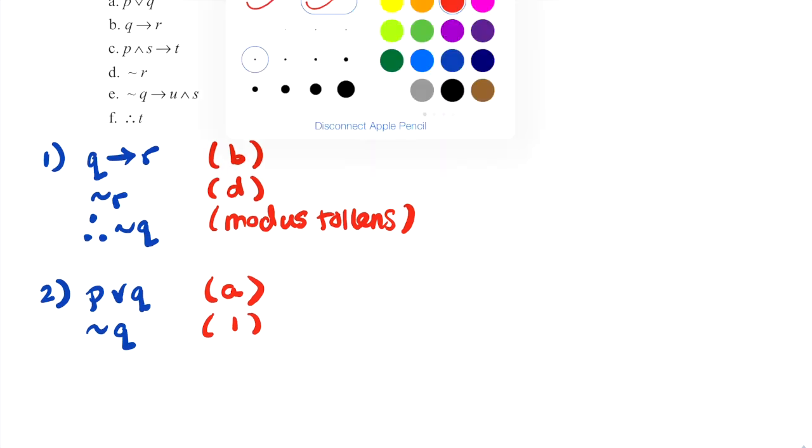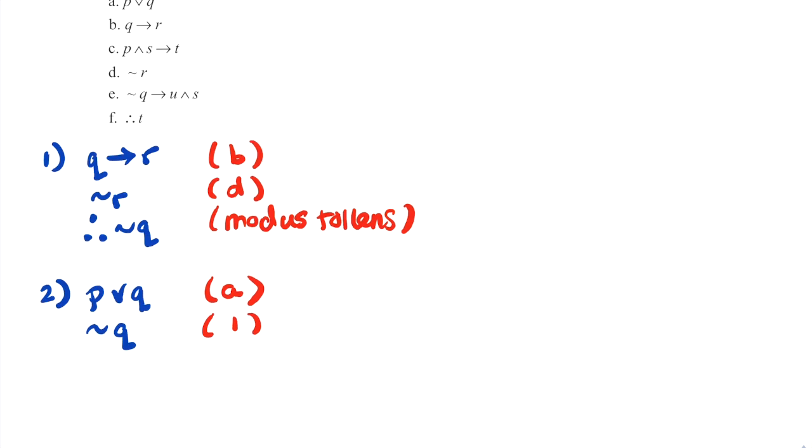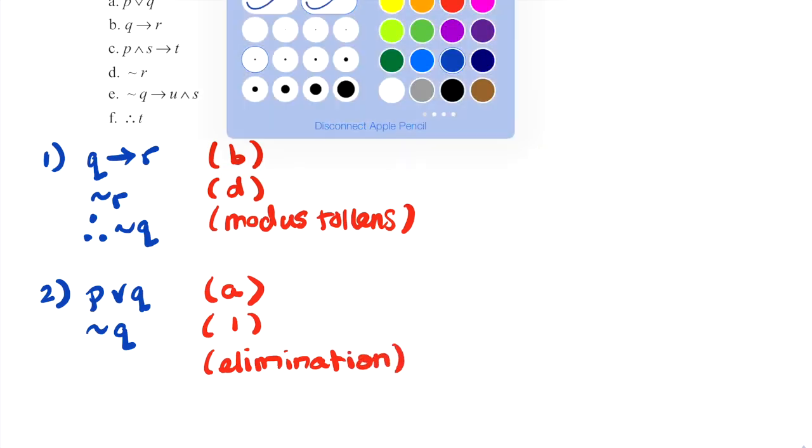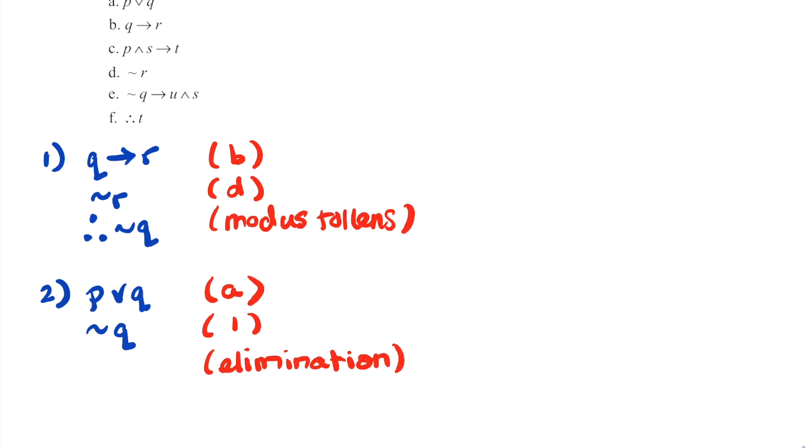Well, what's that one rule? There's that elimination rule. We want to get to the nitty-gritty here, so we can eliminate Q from the P or Q statement because we know that we have a not Q. So, therefore, P. Groovy?